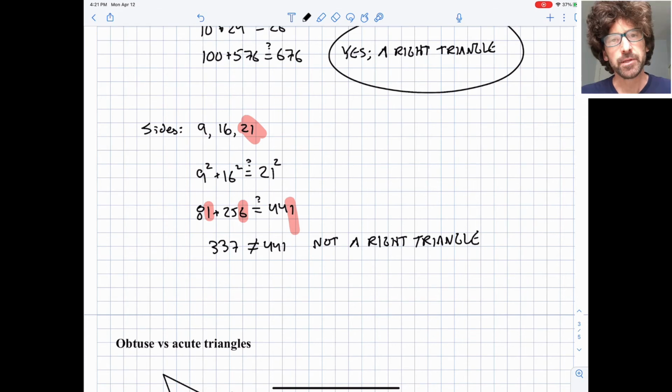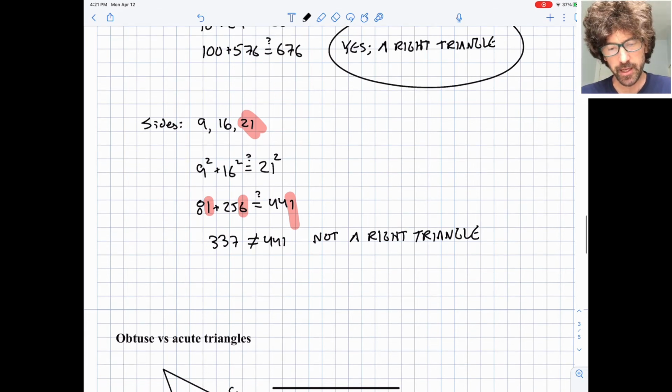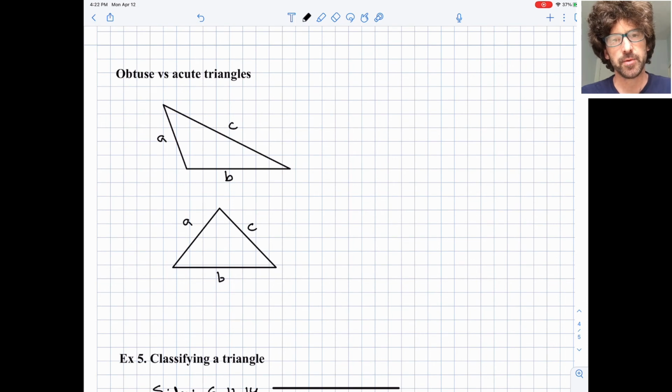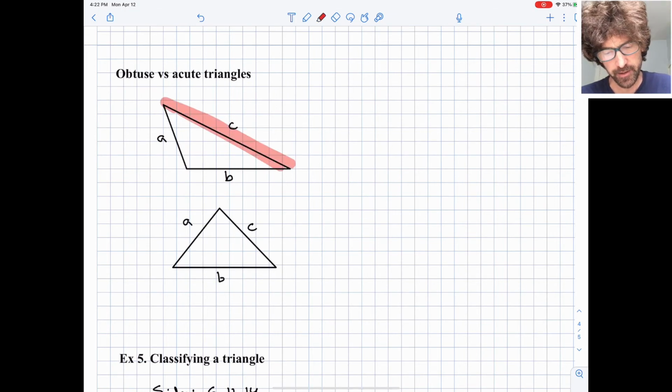All right, you can do a little bit more with this sort of problem and not just determine whether or not you're working with a right triangle. You can determine whether or not the triangle is obtuse or acute. And I have kind of a visual, intuitive way of thinking about this.